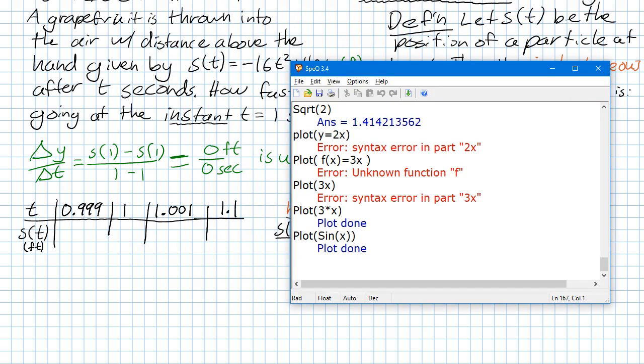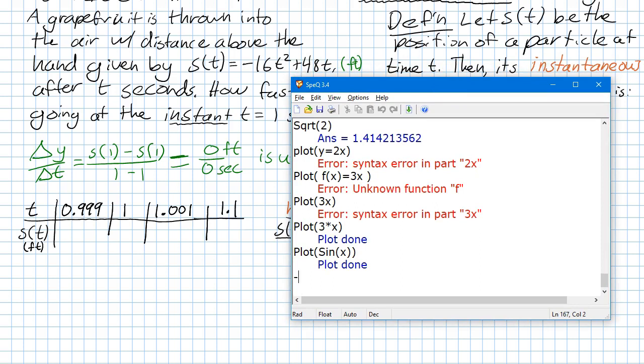So the first thing I want to do to find s of 0.999 is take this function, negative 16 times 0.999 squared plus 48 times 0.999.